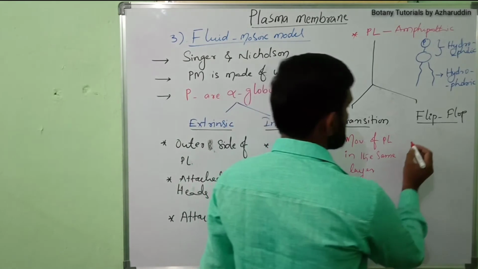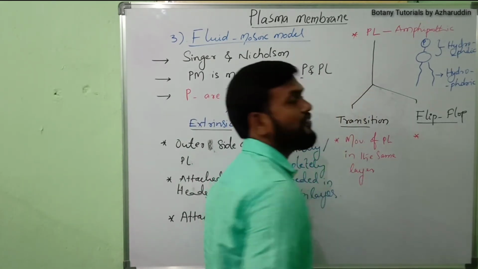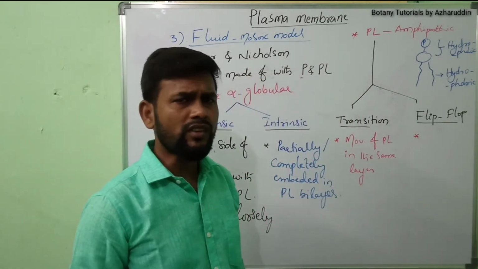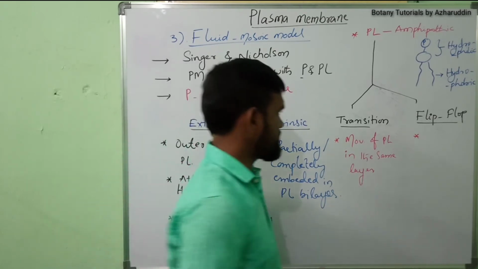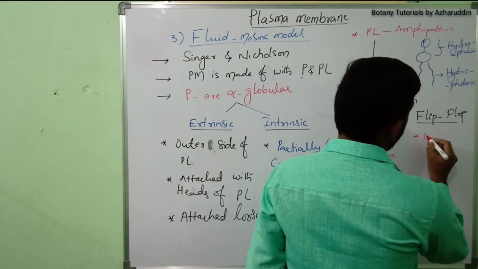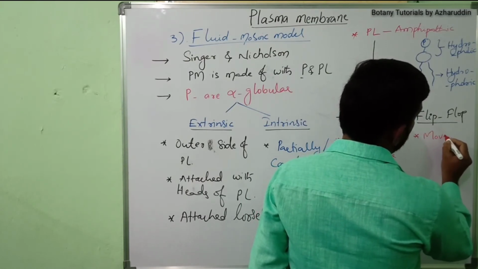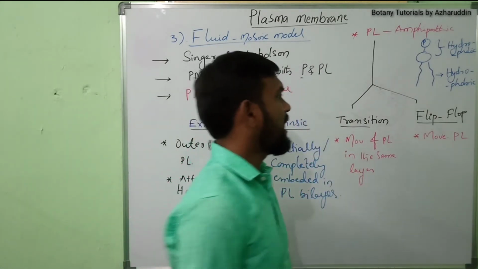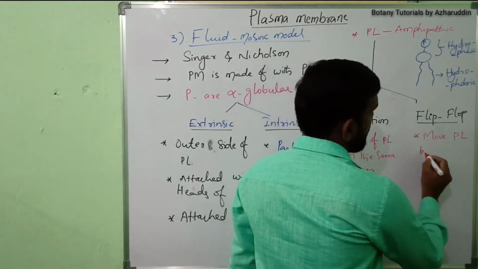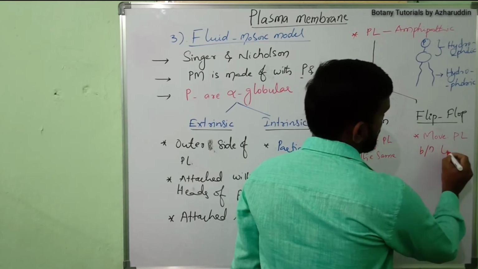The second type of movement is called flip-flop movement. What is flip-flop movement? In this, there is movement of phospholipids between the lipid bilayer.